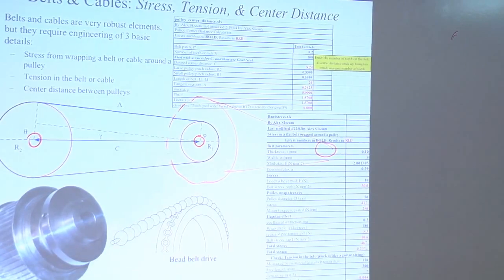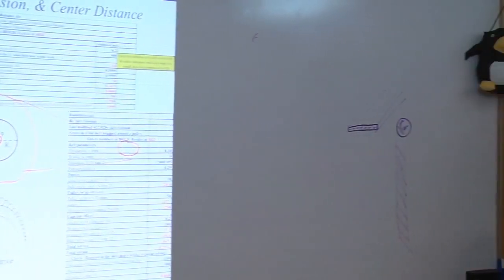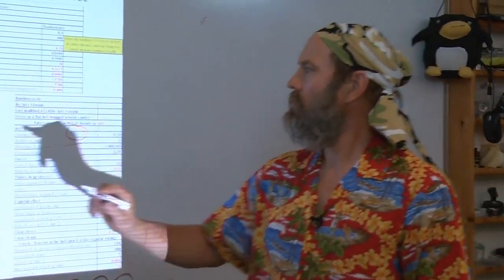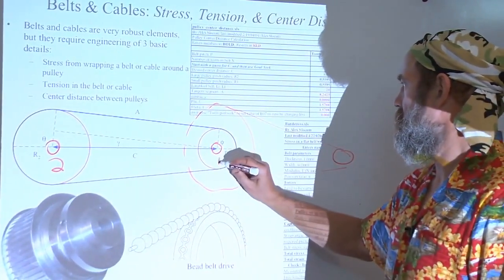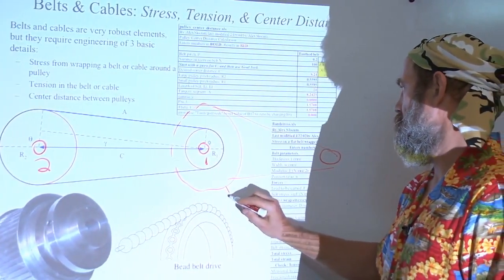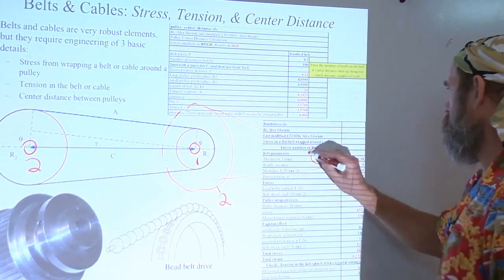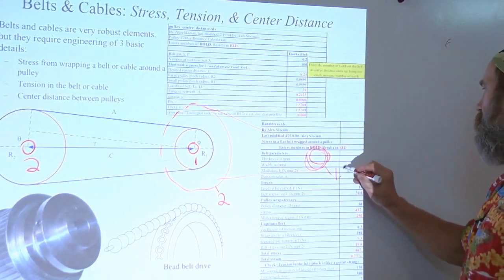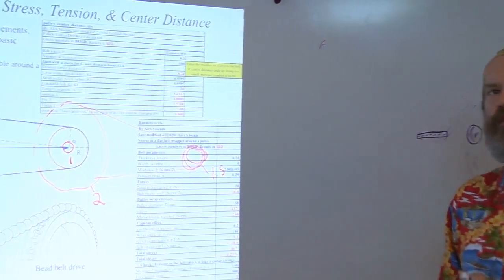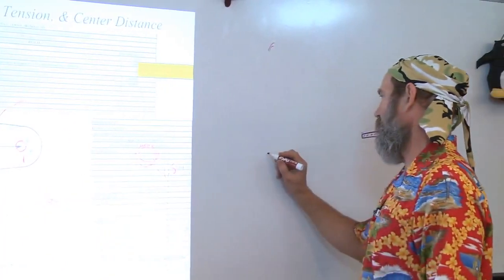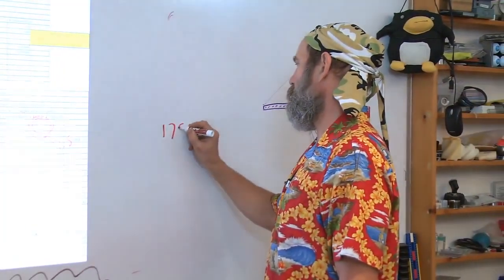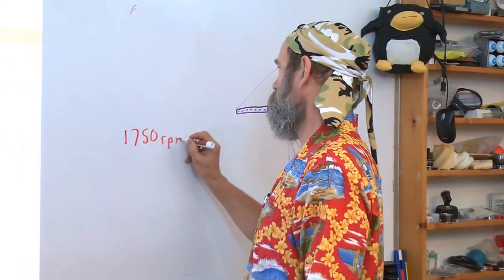And in each step, I would say this was 2 units in diameter, this was 1 unit in diameter, and if this here was 2 units in diameter, this was about 1.5 units in diameter as a relative sizing. So if the motor is going at 1,750 RPM, let's see, what is the motor speed? Does it tell me on here?